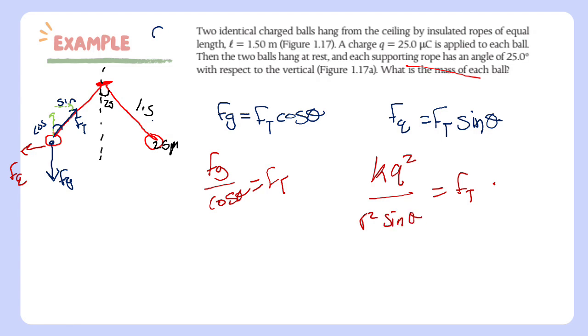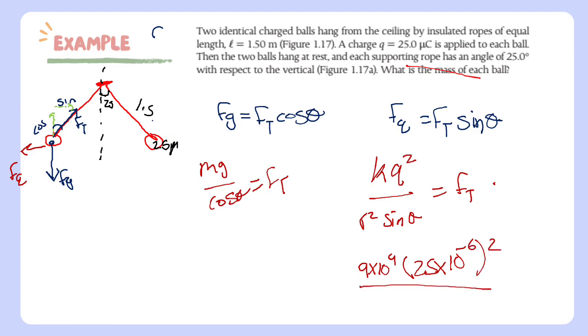And yeah, we know that k is a constant, so it's 9 times 10 to the power of 9. Q has been given, 25 times 10 to the power of negative 6, squared.